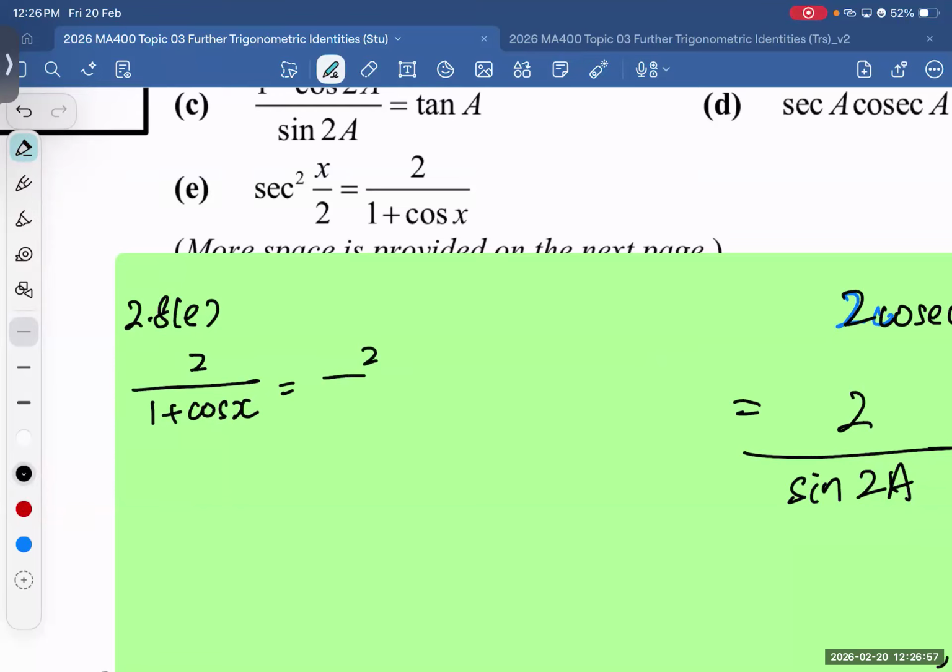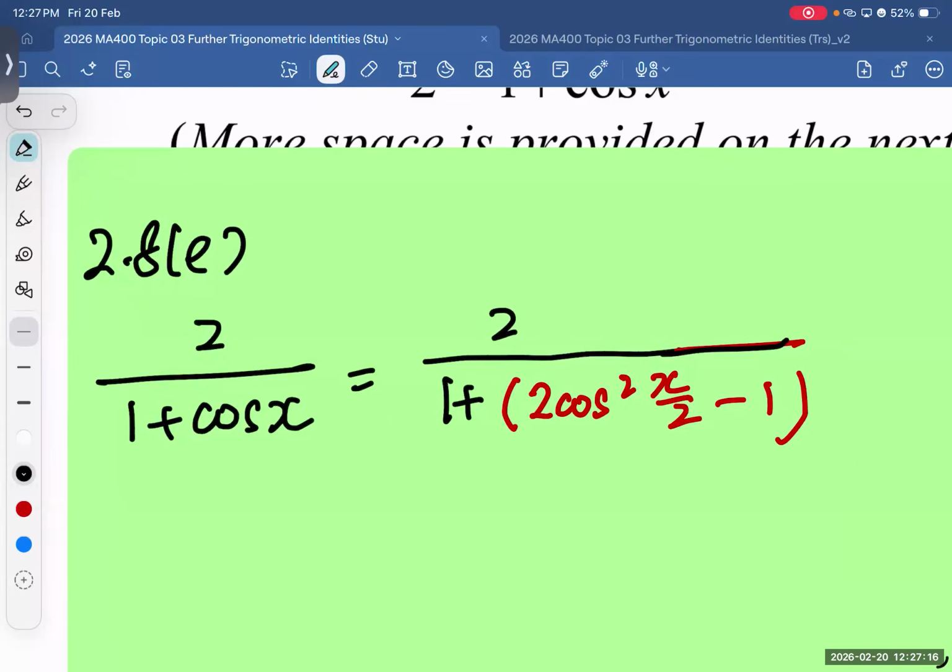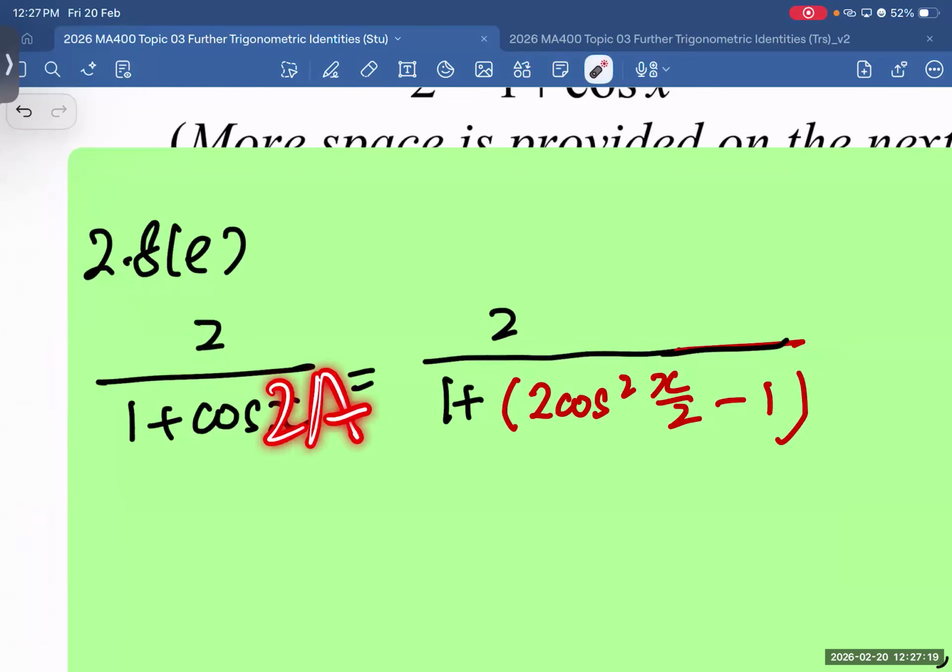For those who are stuck at 2.8e, this is the moment you've been waiting for. Cos x is the same as 2 cos square x over 2 minus 1. Are you okay with this? I'll give you an idea. This is 2a. Think of this as a.